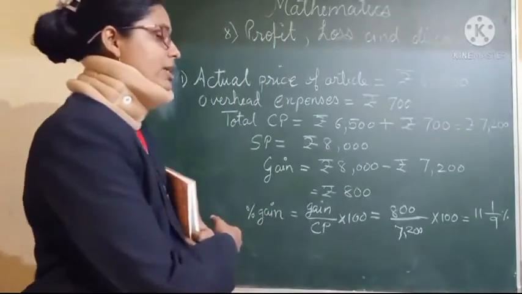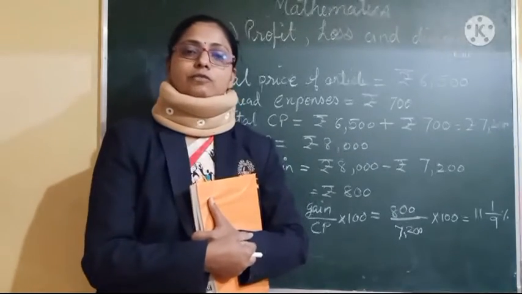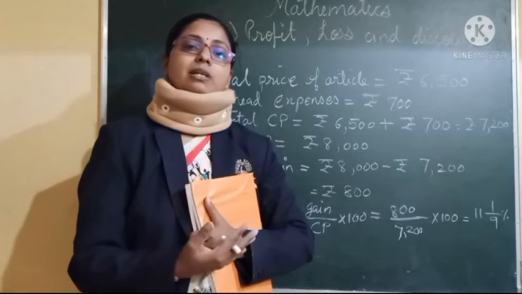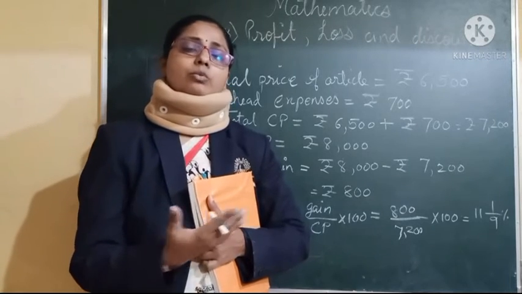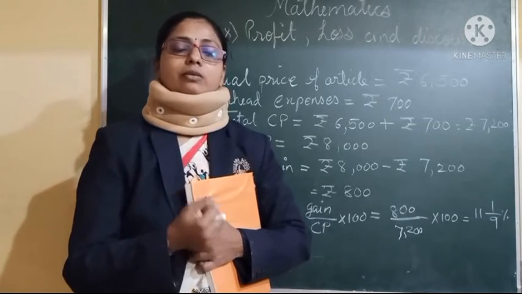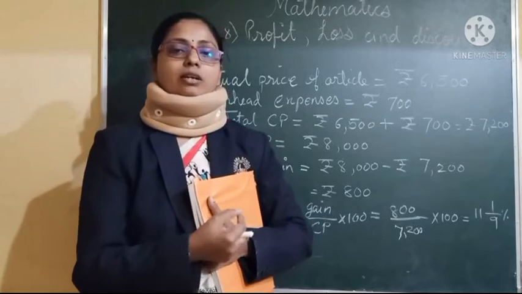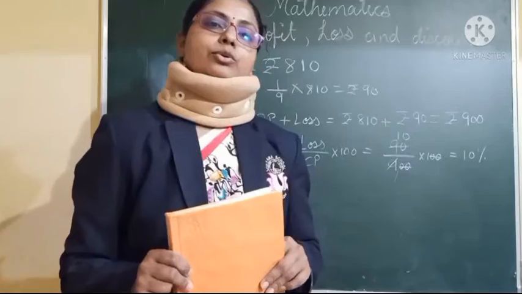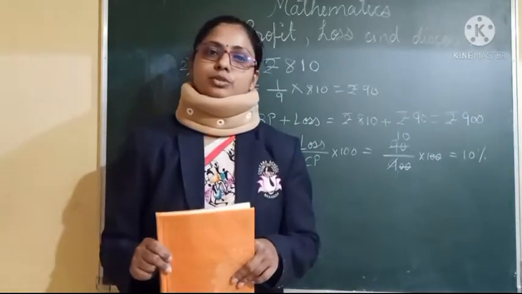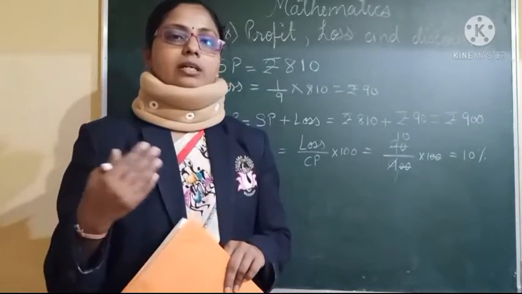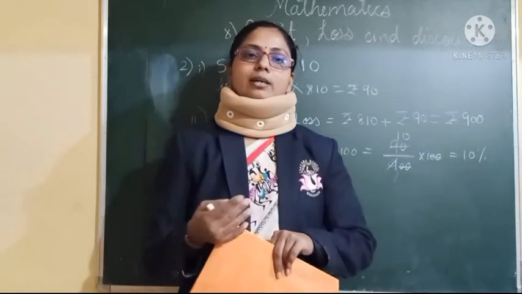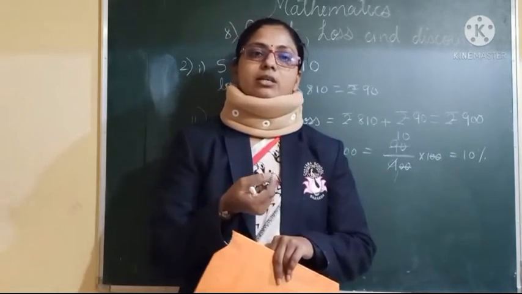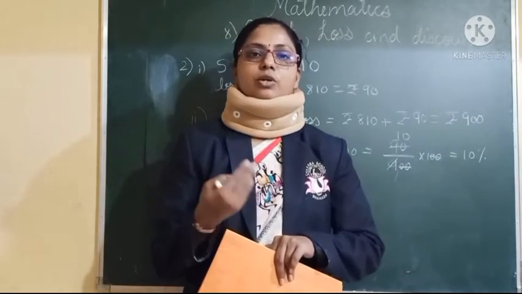In this way, you can find out the different values of selling price, cost price, profit, or loss, whatever is given in the example, according to the formula. Now let us have a look at the next example, which shows a different type of example. Here we are going to find the cost price by using the formula we already have.